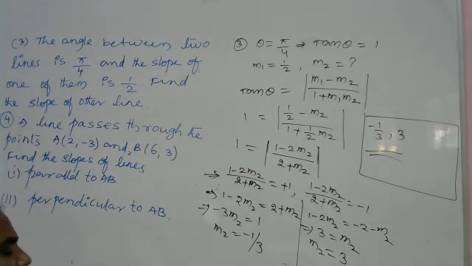So note down the next question, fourth problem. First you have to find out the slope of AB. Parallel lines mean the slope is the same. Perpendicular means the product of slopes is minus 1.